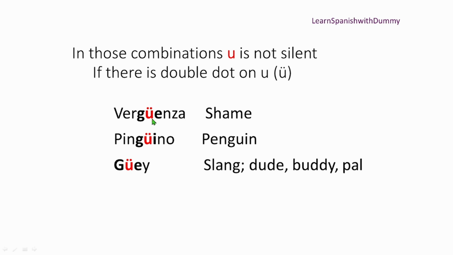For example, the word shame in English is vergüenza in Spanish. Here we pronounce the U because the double dot is there. We have the word penguin, and again this is the word in Spanish, and we say it pingüino. U is pronounced because the double dot is there. Now we got slang, that's dude, buddy, pal, and it's like güey in Spanish, güey, right? So that is all, and yeah, you're good to go.